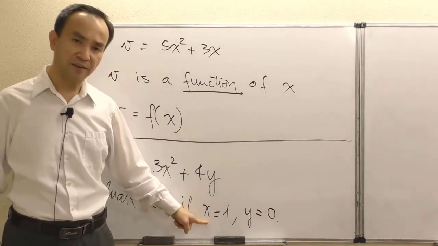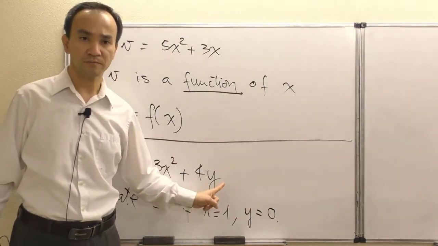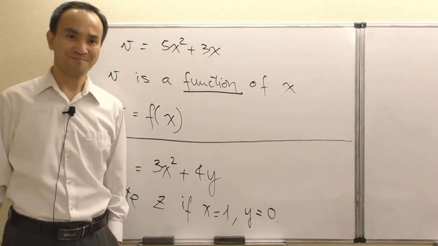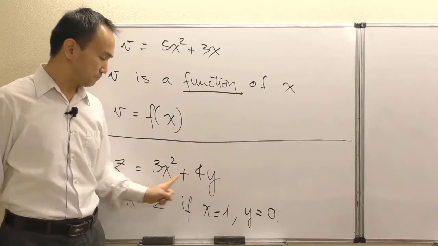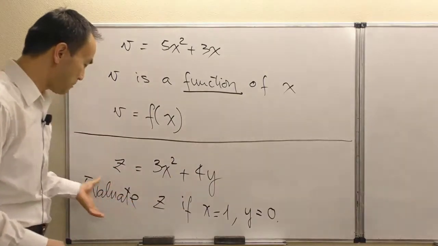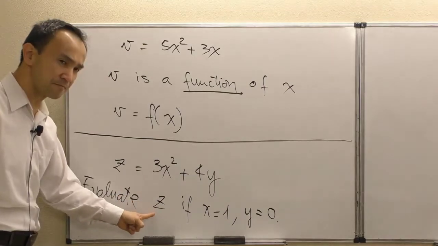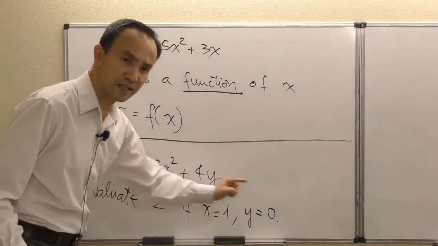So choosing a value for x and choosing a value for y are completely independent. All right, so these 2 are the independent variables. Now back to the problem we are in the middle of. Let's evaluate z if x is given value 1 and y is given value 0.